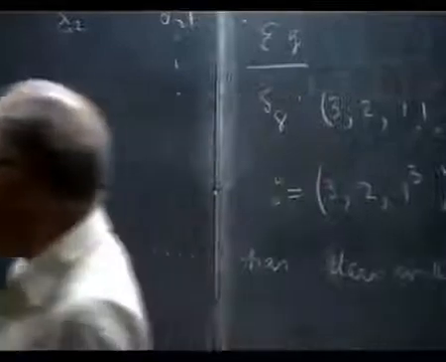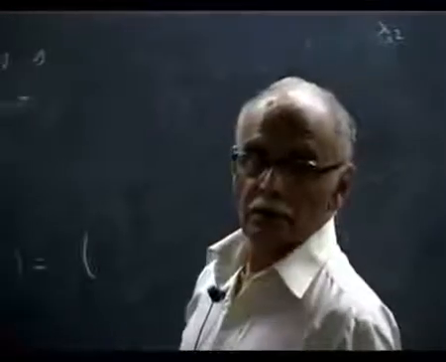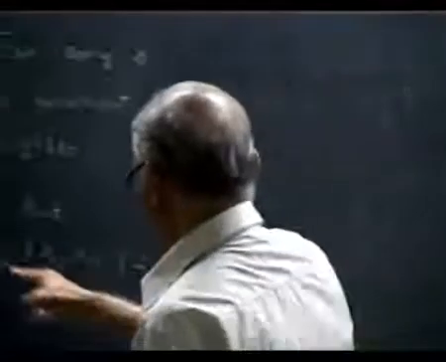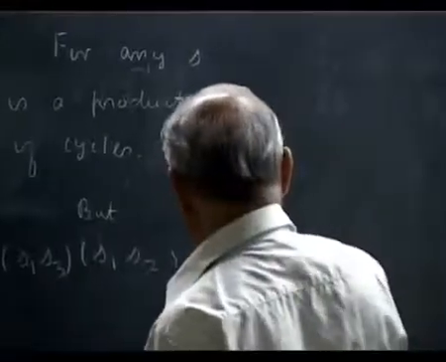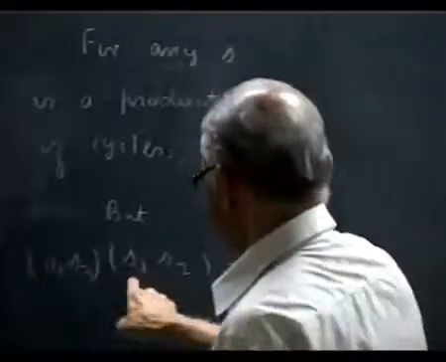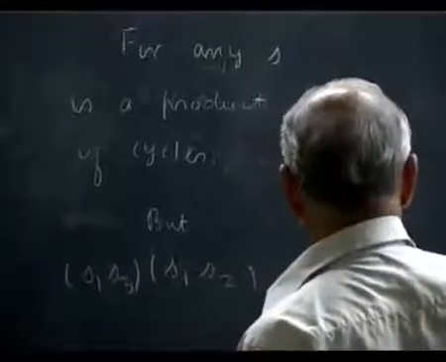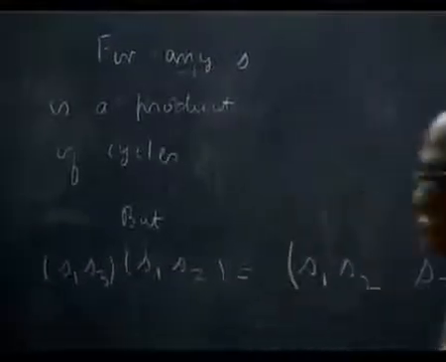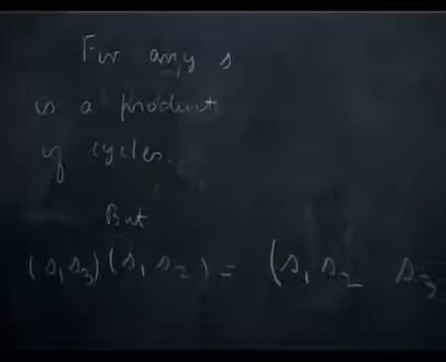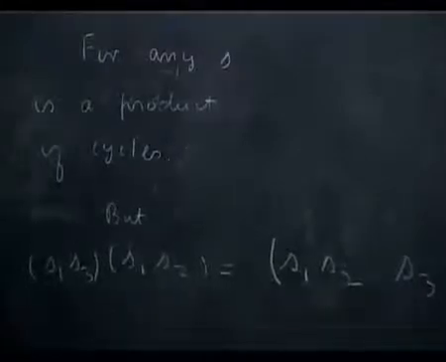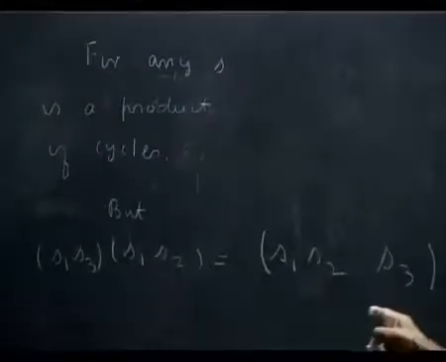Can you tell me what this is? S1 goes into S2, S2 does nothing, S2 goes into S1, S1 goes to S3, and so it is this. So it's a cycle of length 3.